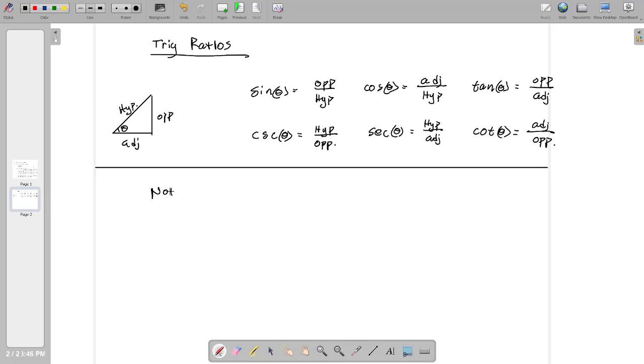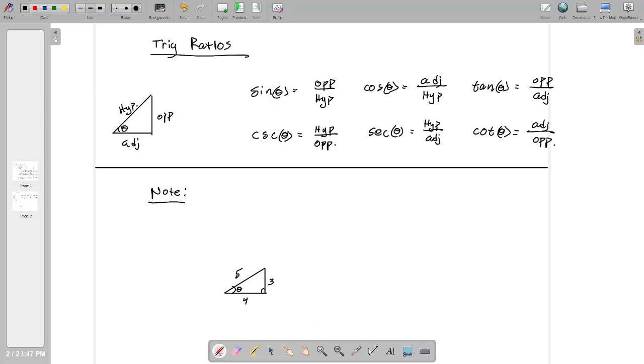We want to make a quick note. Suppose that we have this right triangle. 3, 4, 5, theta. I want to make a note that the ratios do not change no matter how large the triangle becomes, as long as the angle stays the same.